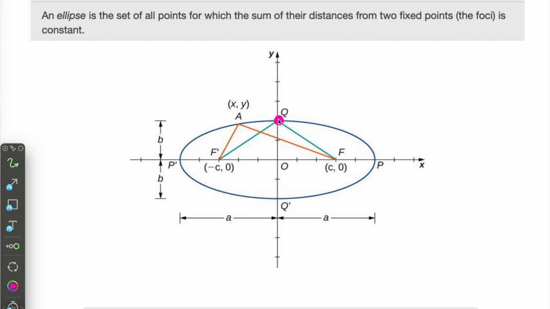And then I look at this point right here and I draw a line from that point to this focus point and then to this focus point, and I add up these two lengths, then that should also be 3 when I add it up. So no matter what point I look at on the ellipse, the sum of the two distances added up from each of the focus points should give me the same value every time.